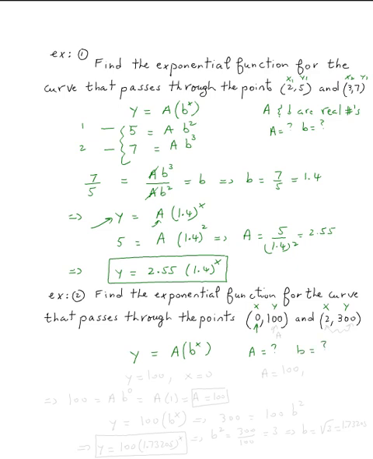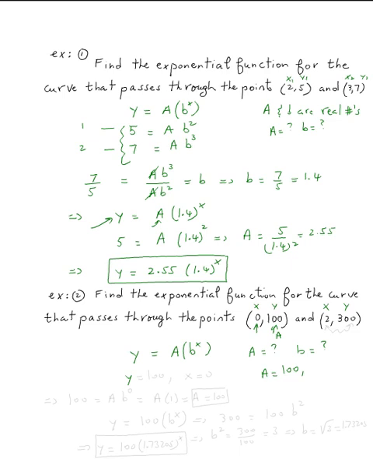But this time we know a has to be 100. Why? Because that's the y-intercept. When x is 0, y is 100. This is always going to be a. But if you want to see why, it's easy. Just plug in x equals 0.